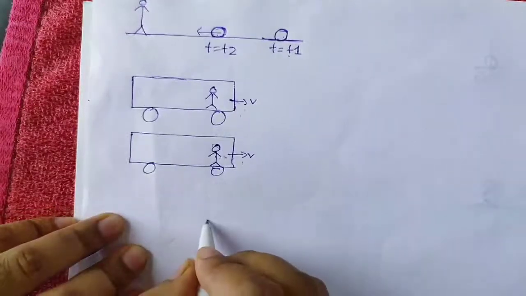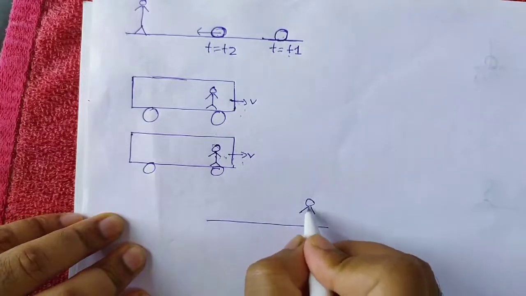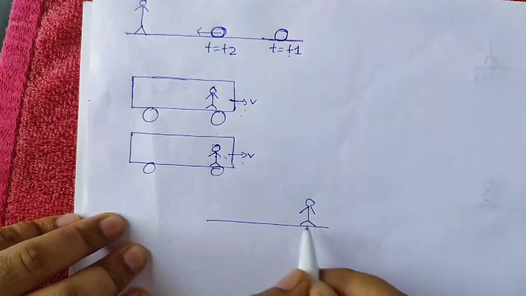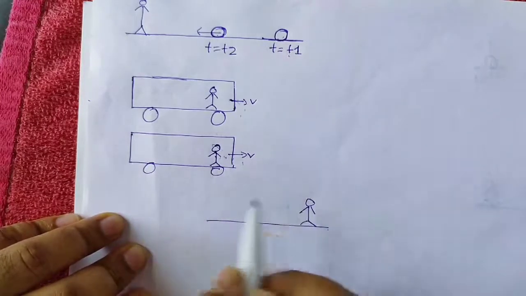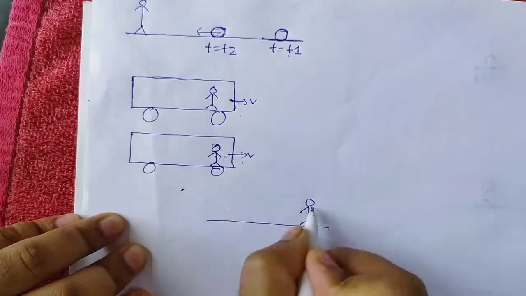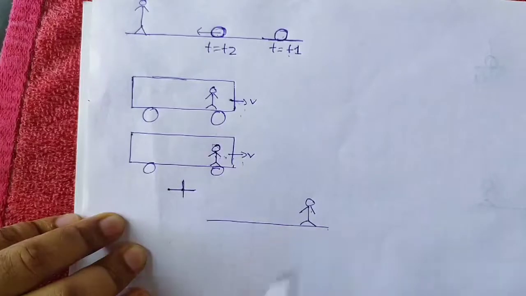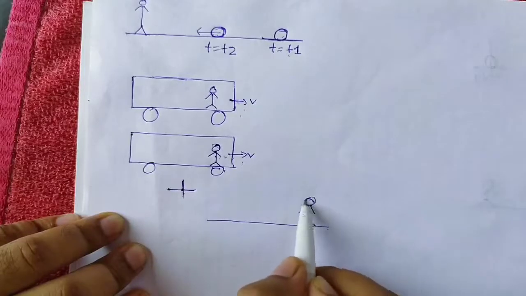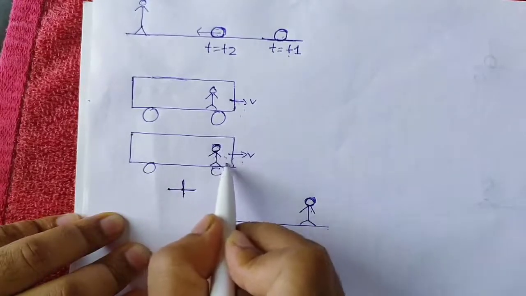Now let us say there is another person who is waiting for the bus at the bus stop, right? Obviously this person is at rest. So let us choose a reference point for this person. For example, let us say this is the reference point for this person who is waiting. With the passage of time, this person notices that the position of you or your friend is continuously changing.